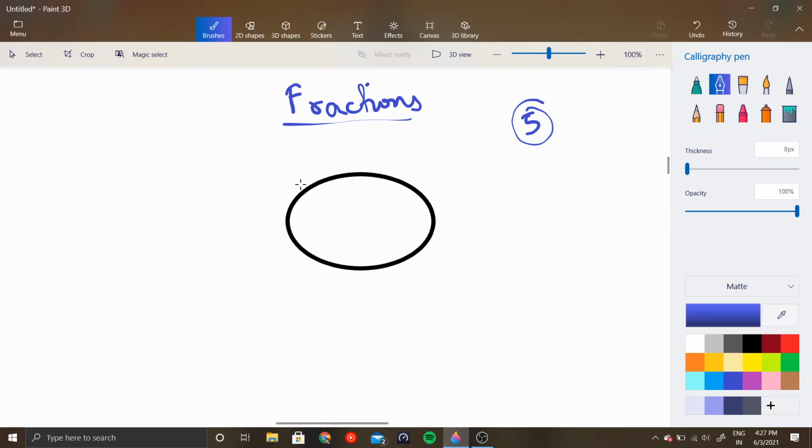So what you do is you just divide it into 5 equal halves, right? So now, if this is to be represented by a fraction, then this one part is, we say that this is 1/5 of the total cake.